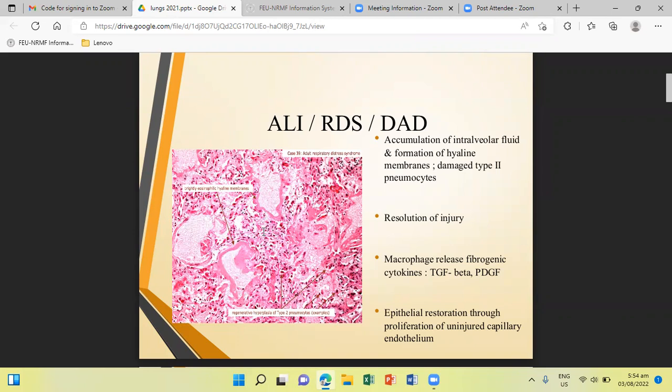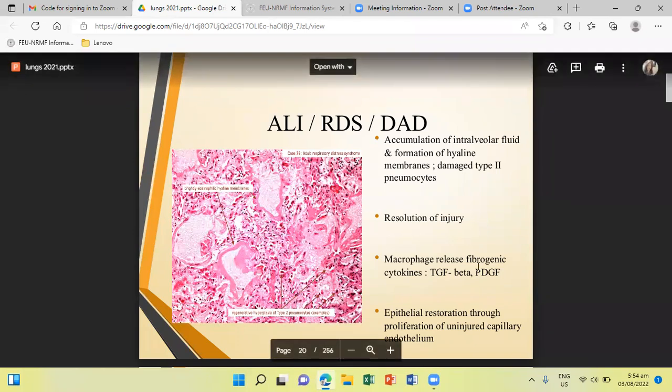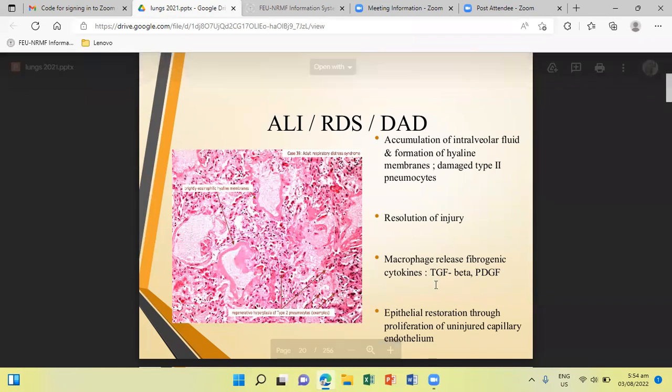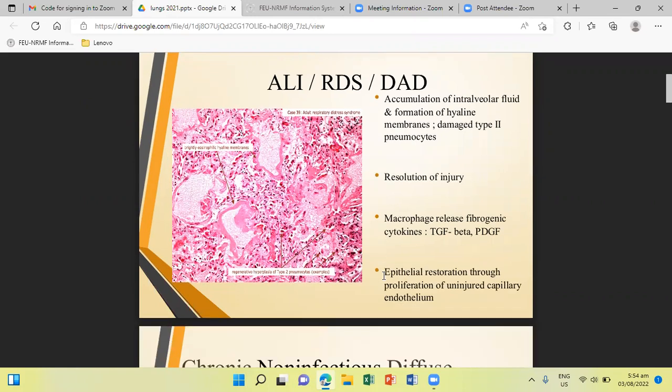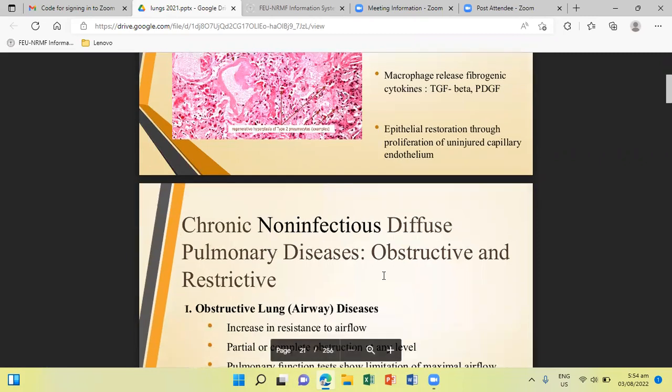The macrophages, as I have said, get activated and release mediators. So the endothelial damage and inflammatory cycle continues. The epithelial restoration through proliferation of uninjured capillary endothelium is then expected to follow. So that is all about ALI.